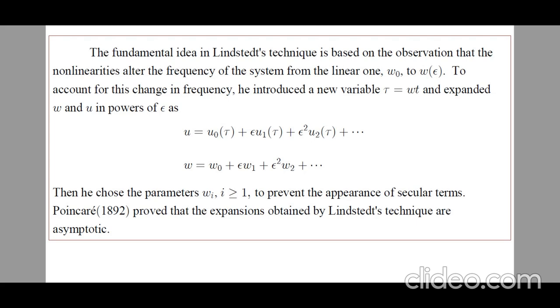Actually, our independent variable was t, and the frequency omega depends on epsilon. Therefore, we use this new variable, as you saw in our previous example, where we changed our independent variable t by expanding it in an asymptotic expansion in powers of epsilon.